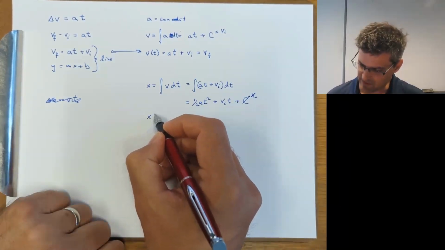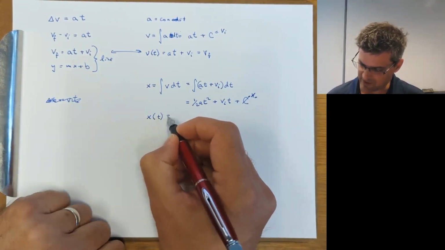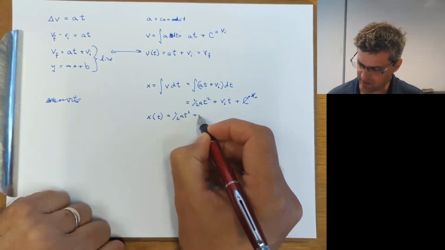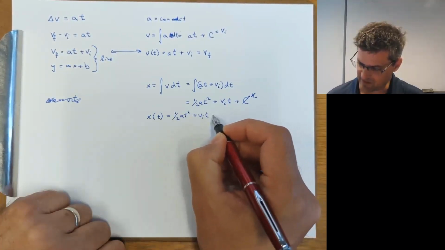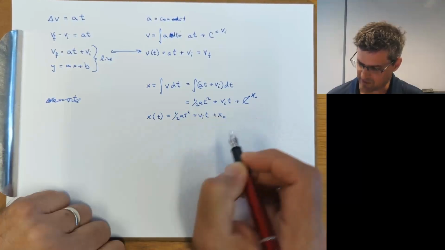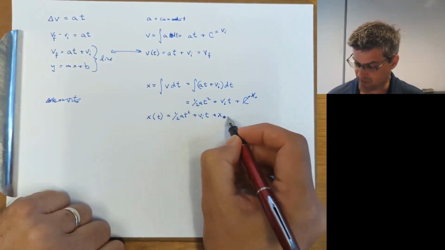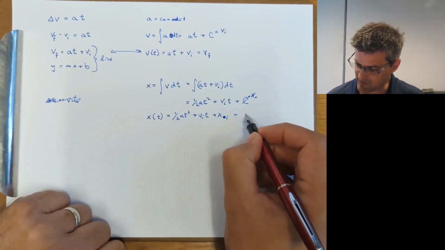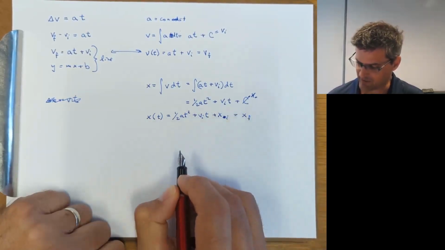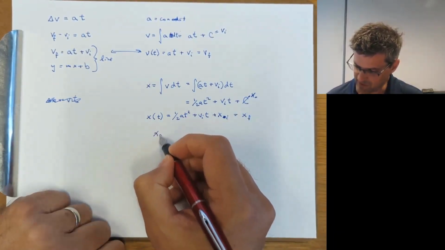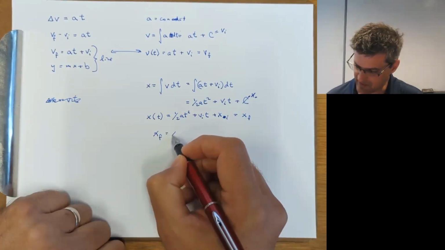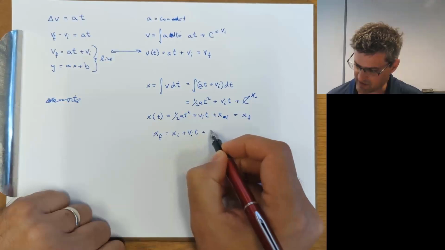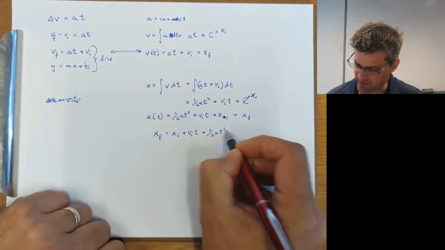So this tells me that x, as a function of time, is 1/2 a t squared plus v_i t plus x_0, x initial, whatever you want to call it. And x as a function of time is something that I might often call x final. So what we see is x final is equal to x initial plus v initial t plus 1/2 a t squared.